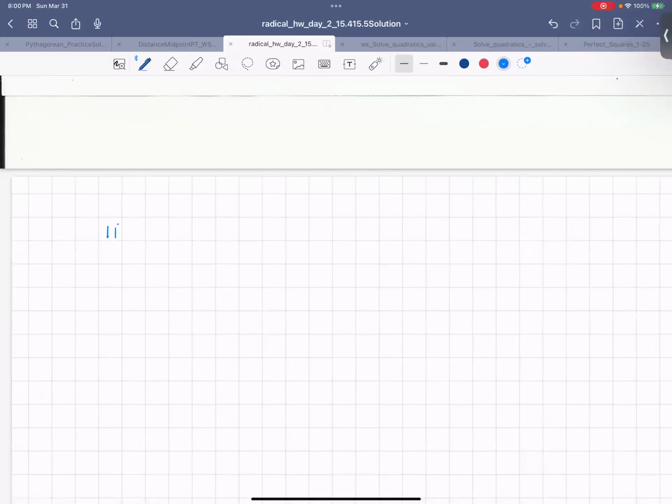Go ahead. 11 squared, 121. 12 squared, 144. 13 squared, 169. 14 squared, 196. 15 squared, 225. 16 squared, 256. 17 squared. It's actually 289. You missed too many.